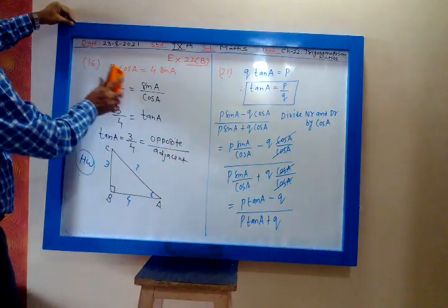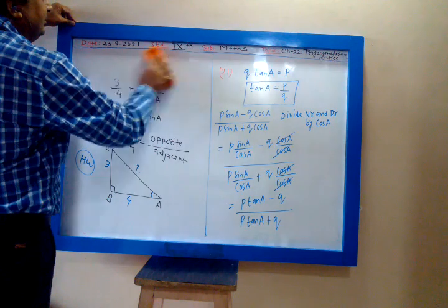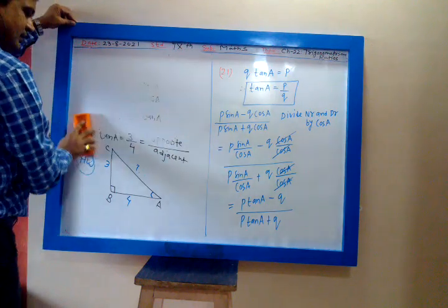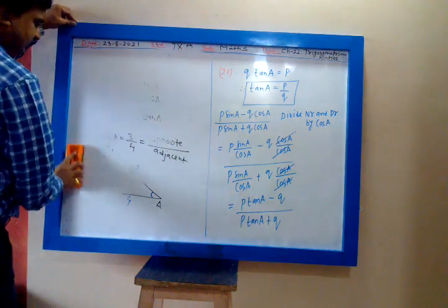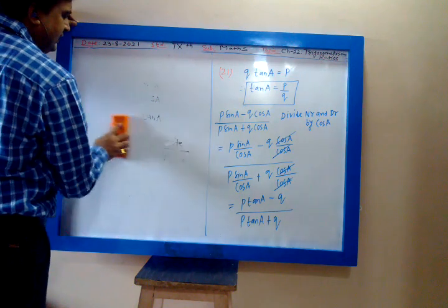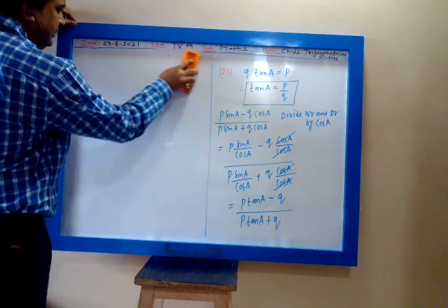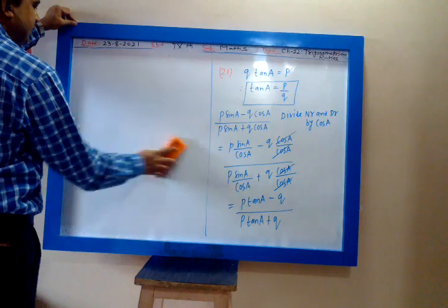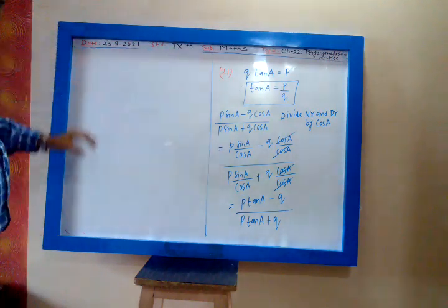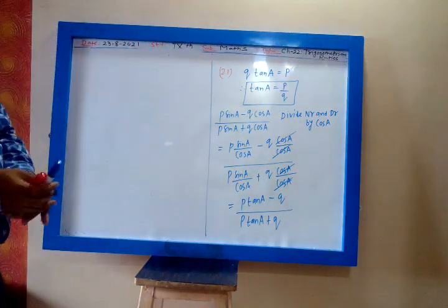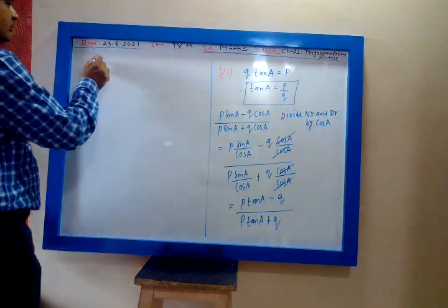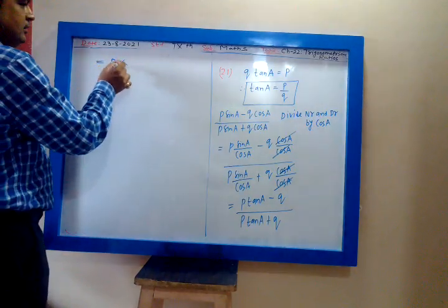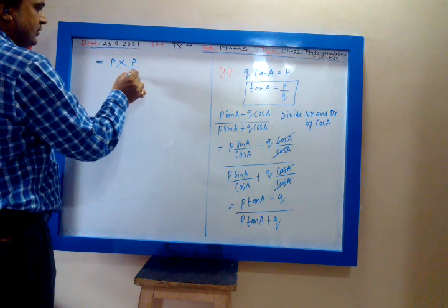So P tan A minus Q upon P tan A plus Q. Now substitute the value of tan. What is tan A? Tan A is P by Q, correct?